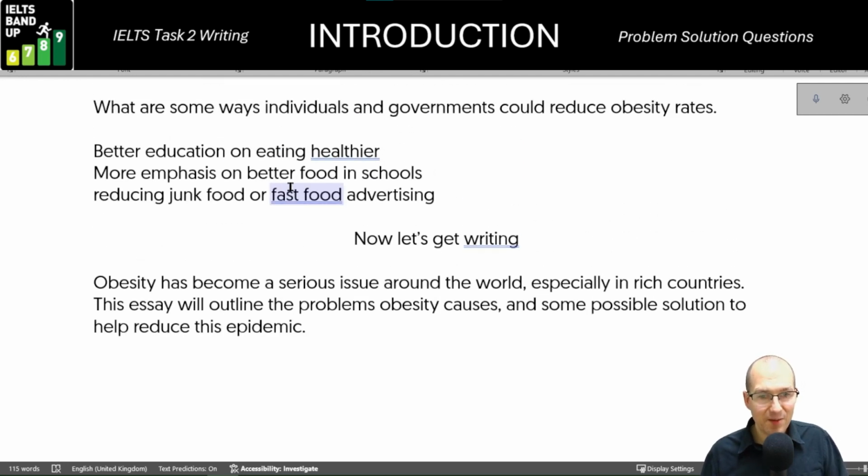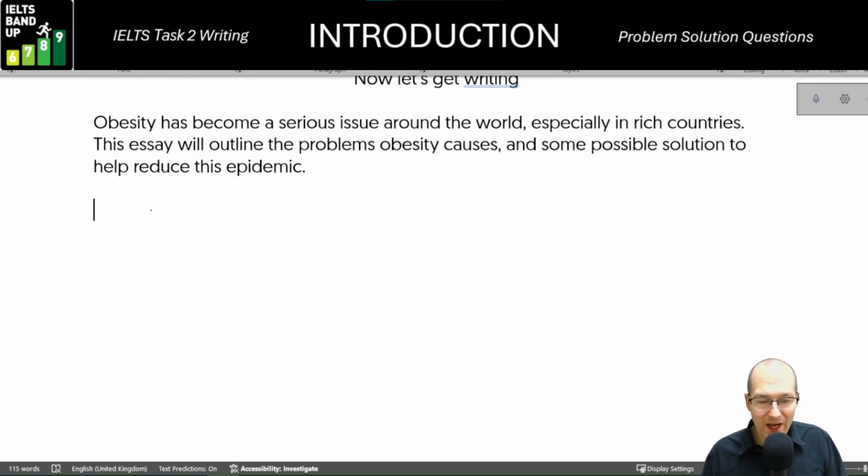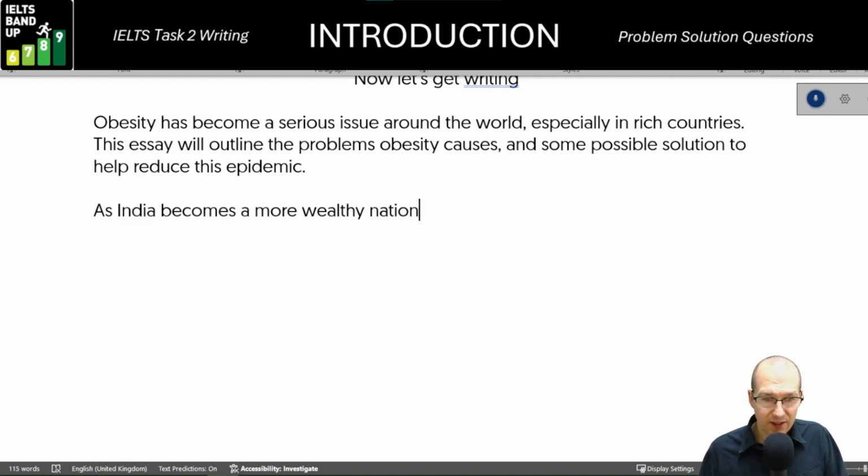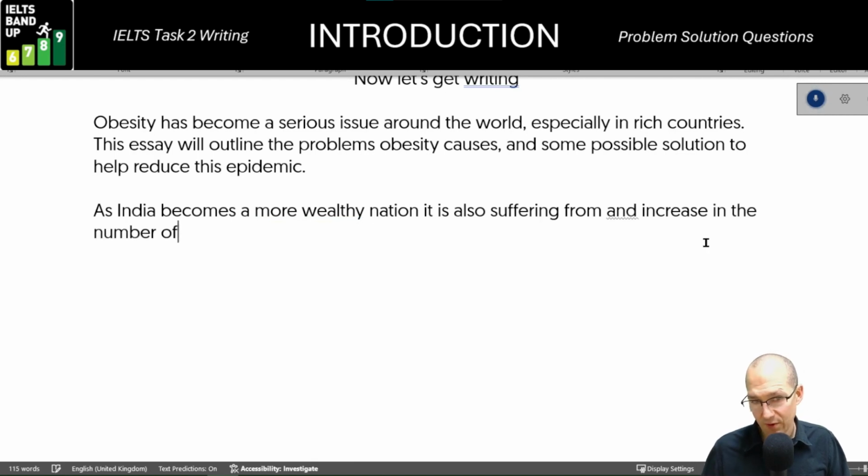Okay, to make a better first impression, make it personal. Talk about your country, right? So, if you're in India, you might want to say, as India becomes a more wealthy nation, it is also suffering from an increase in the number of obese individuals.